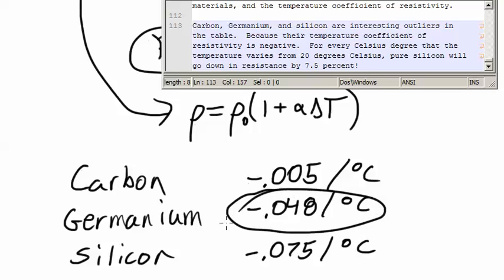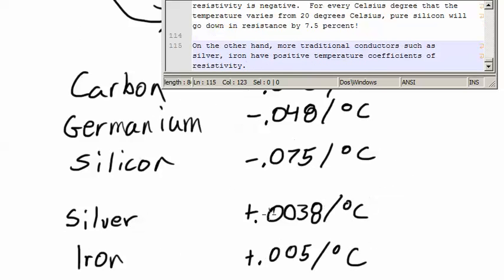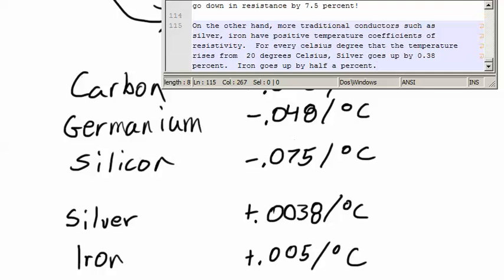Germanium would go down by 4.8%, and carbon would go down by 0.5%. On the other hand, more traditional conductors, such as silver or iron, have positive temperature coefficients of resistivity. For every Celsius degree that the temperature rises from 20 degrees Celsius, silver goes up by 0.38%. Iron goes up by 0.5%.